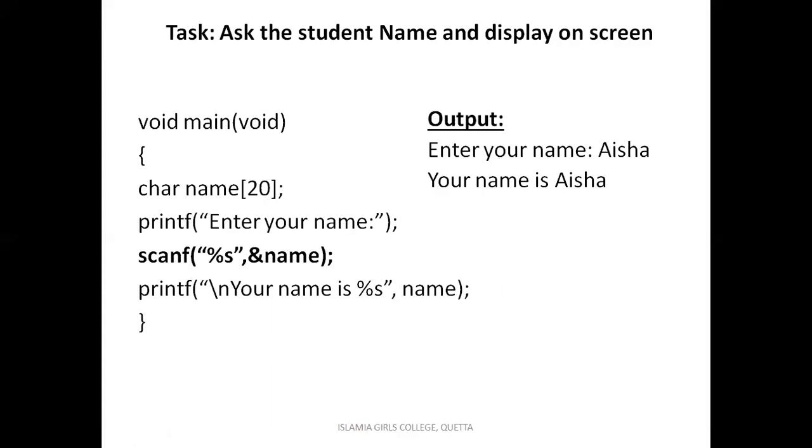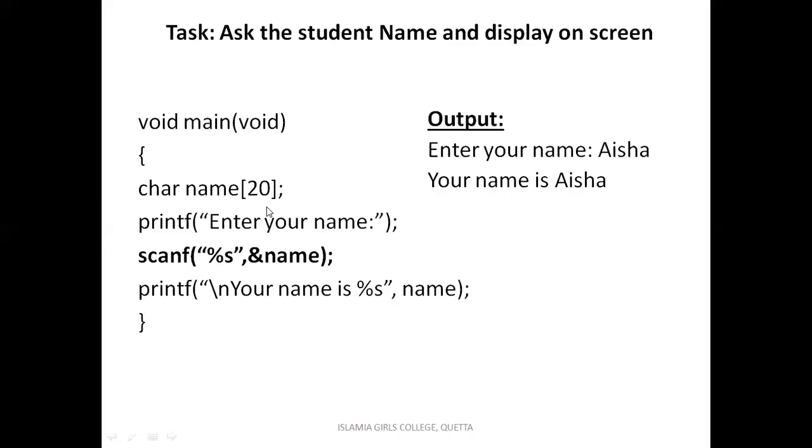Now in the next example, we are asking the student to enter his name, and then display it on the screen. And you know that in the name, there are more than one characters. So we will be using the string. And there is no data type which is string. So what we will do? We will declare a variable that is character type, and we will give it the name name. And then in the square brackets, we have written 20. This means that it can hold 20 character type variables.